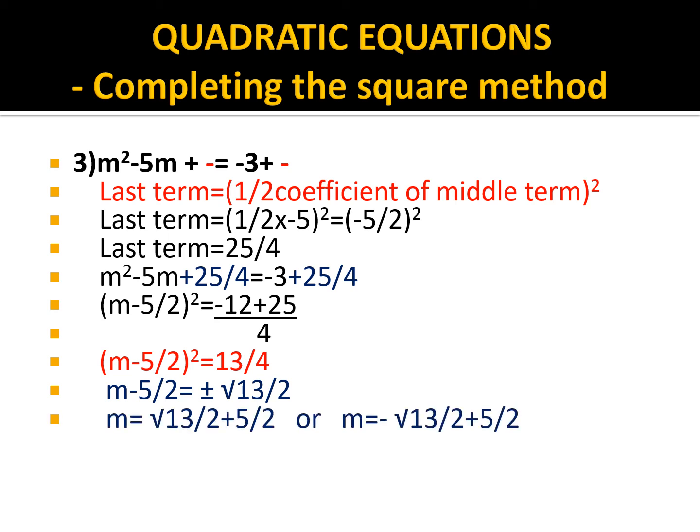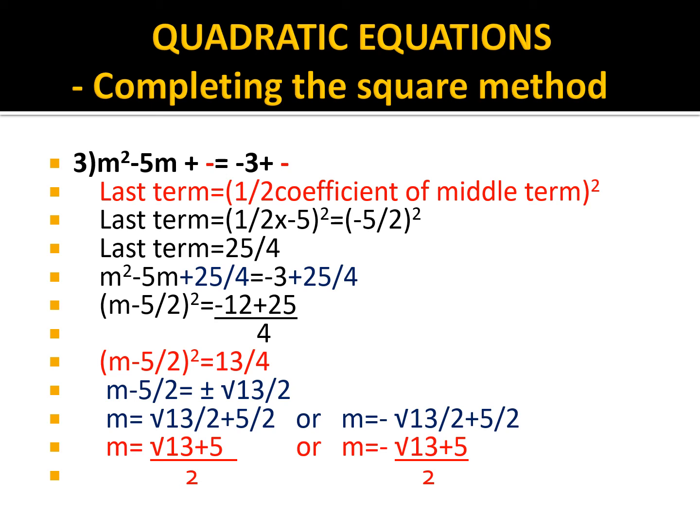Therefore, m is equal to root 13 upon 2 plus 5 upon 2 or m is equal to minus root 13 upon 2 plus 5 upon 2. These are the solutions of the given equation. Here, since 2 is a common denominator, we can simplify it further to write it as root 13 plus 5 upon 2 or minus root 13 plus 5 upon 2.